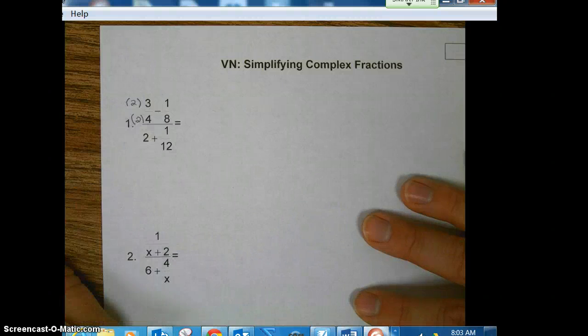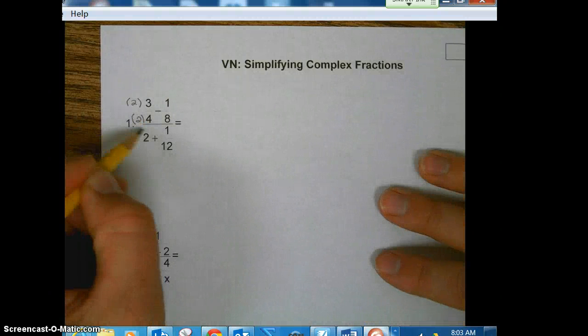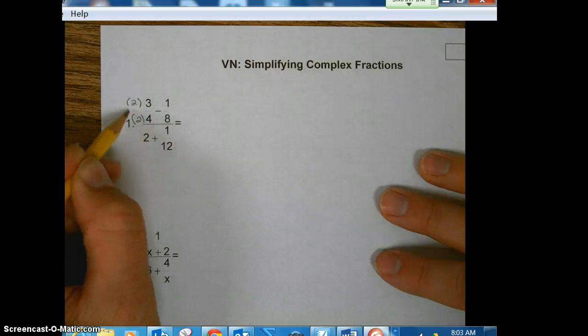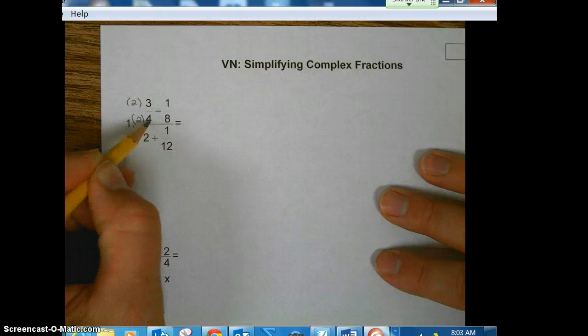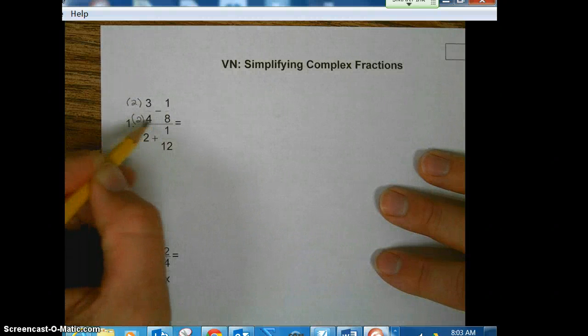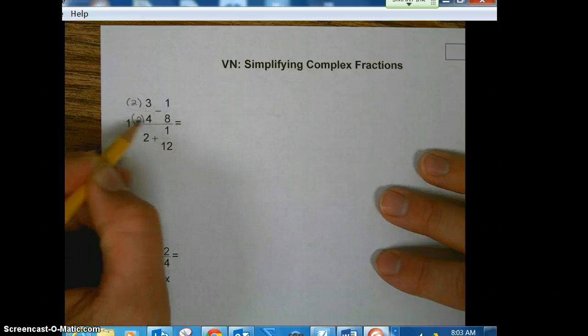So I call this my special one. 2 divided by 2 is 1, so we're really not changing this number. We're changing the form of the number. It's going to go from 3/4 to 6/8.